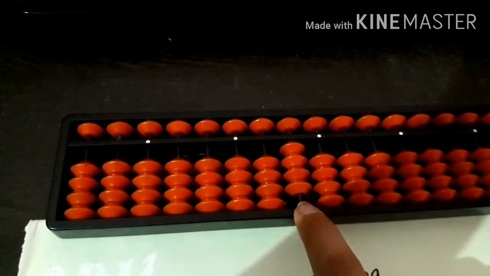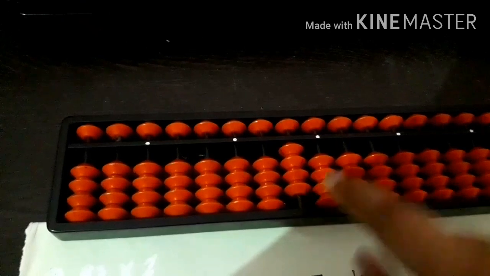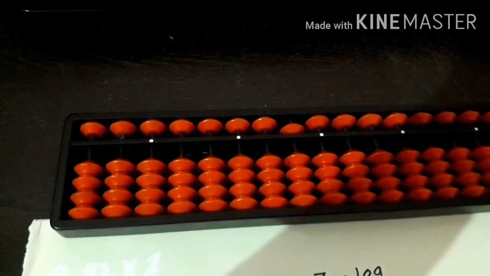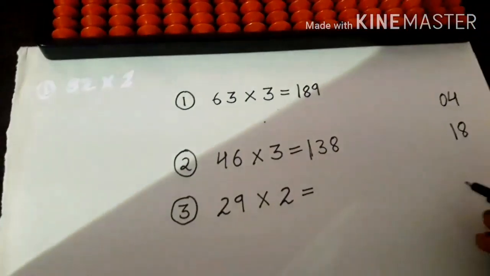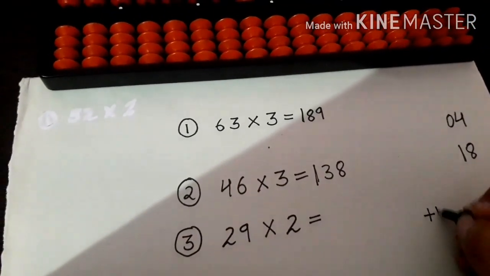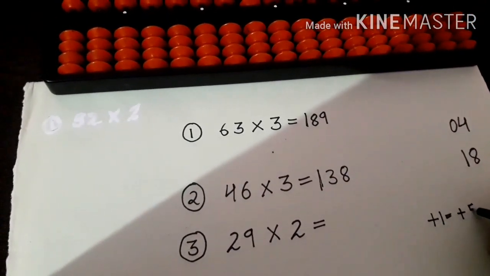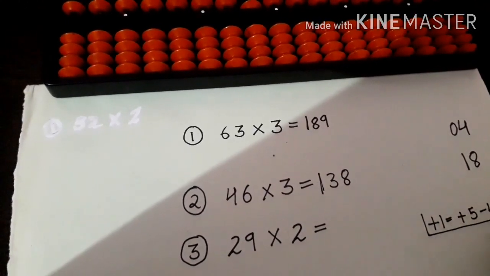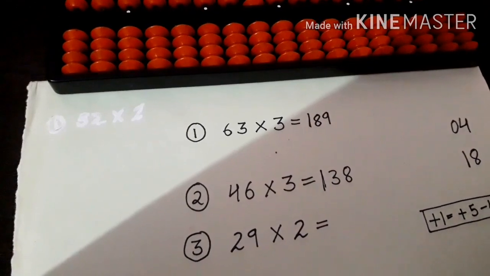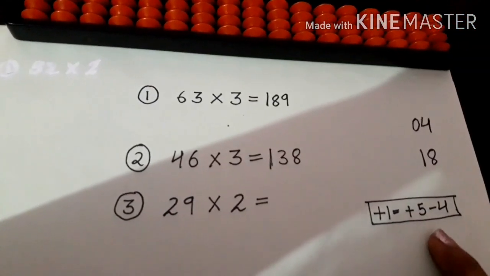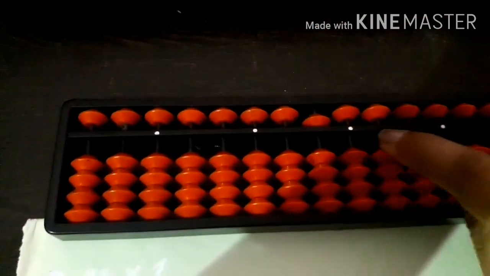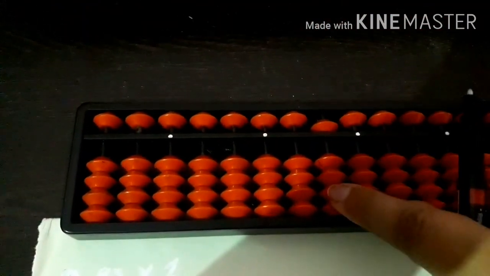You have to apply the formula. For plus 1, we have to do plus 5 minus 4. As you know very clearly, you have studied these formulas in the previous classes. Plus 5 minus 4. So here we have done plus 5 minus 4.